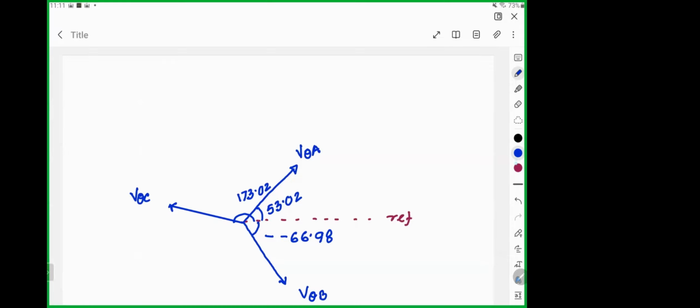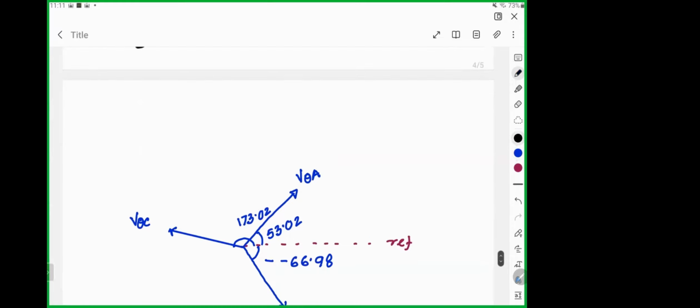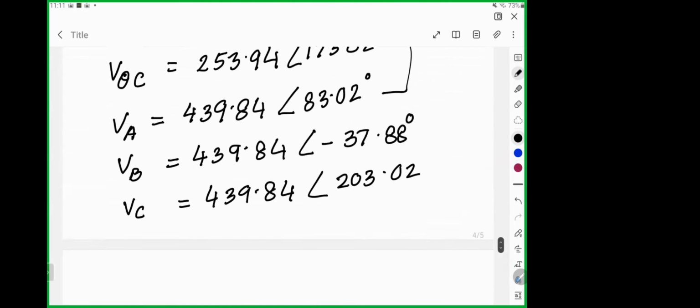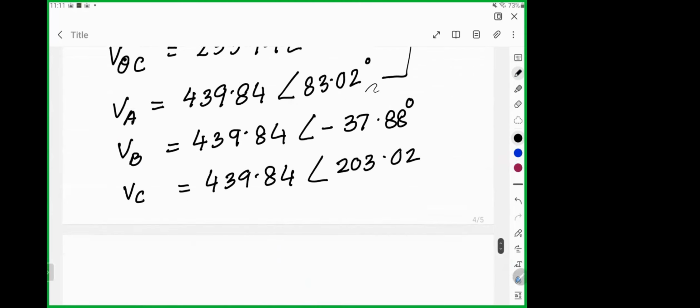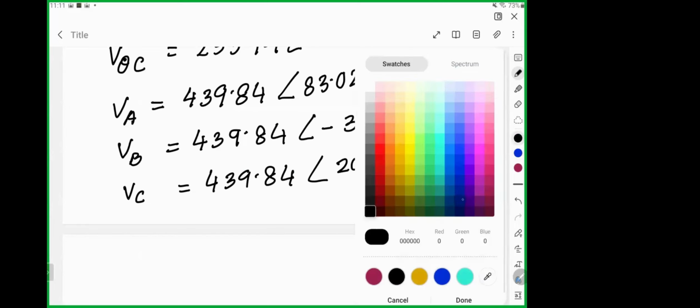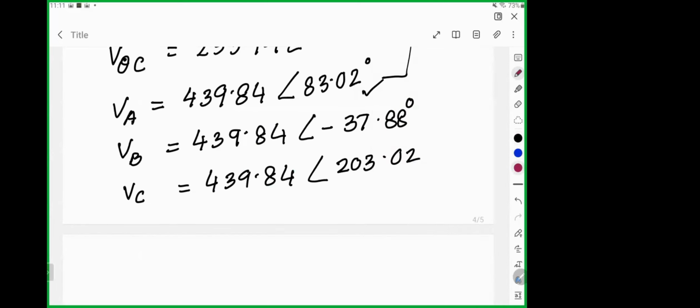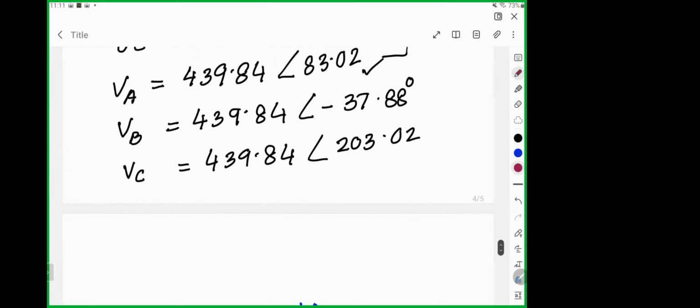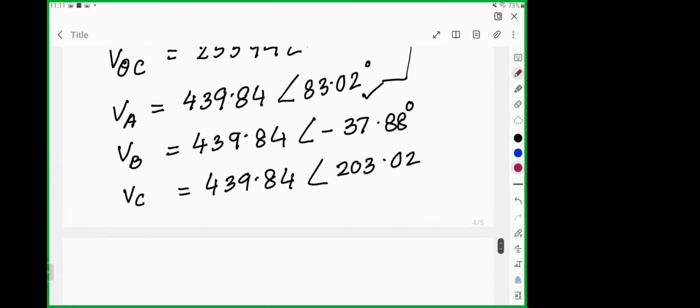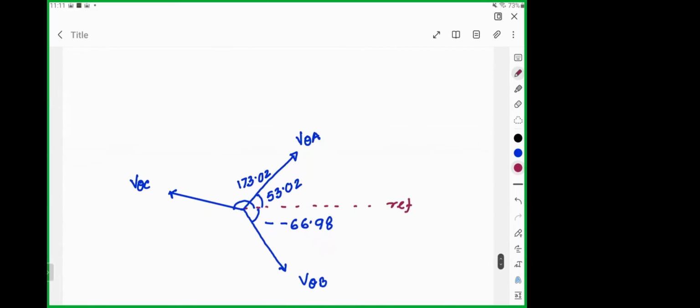Now we will draw the line quantity. So the first one is this one. The magnitude is larger, which we need to show, and the angle is 83.02.